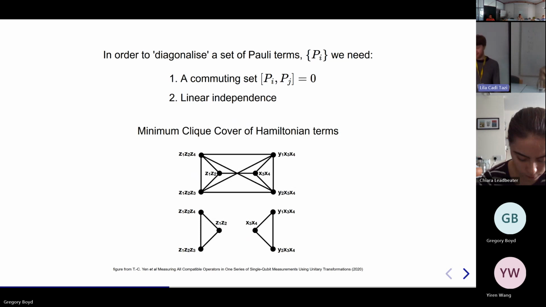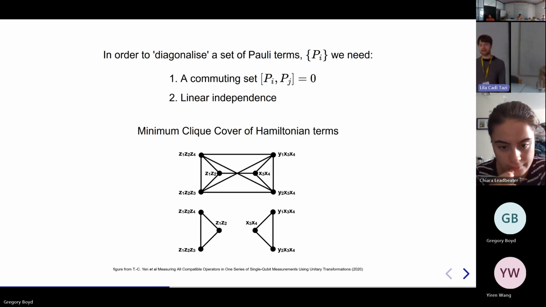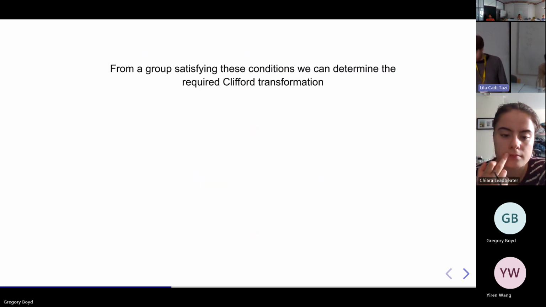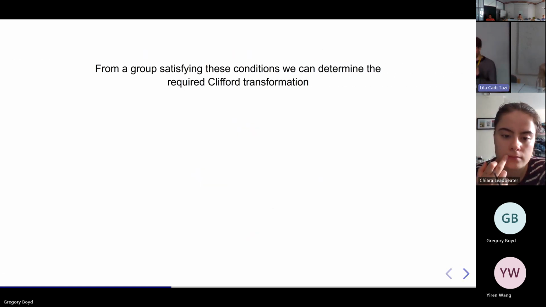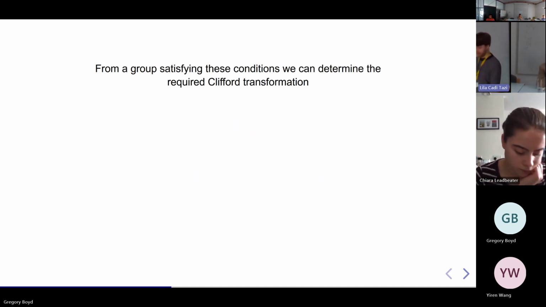Okay, and the other condition is that you need linear independence. So if you multiply any terms in a set together, they need to not produce any of the other terms. That forms a group, and once we've got the group, we can also get the Clifford transformation.